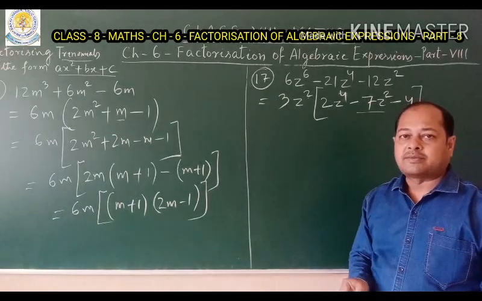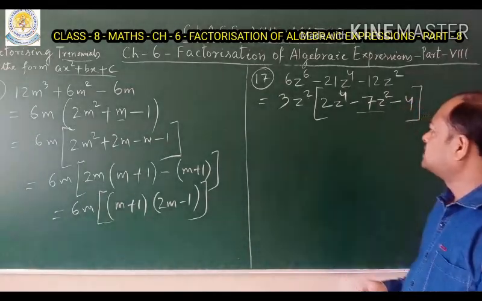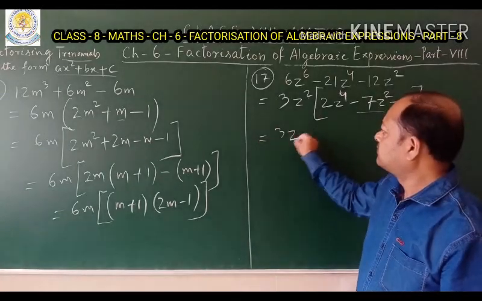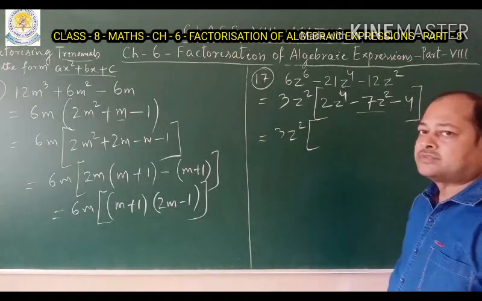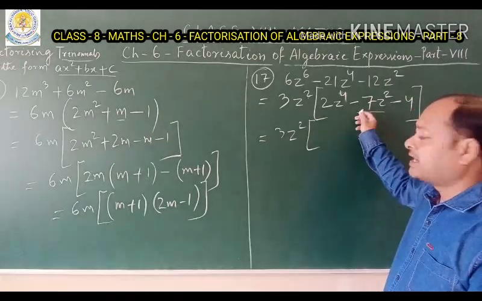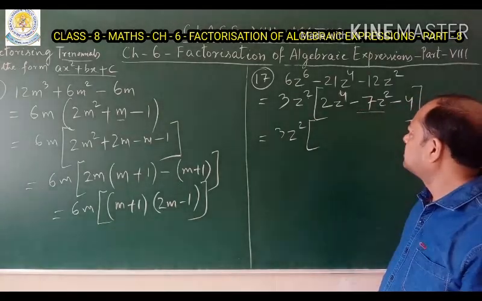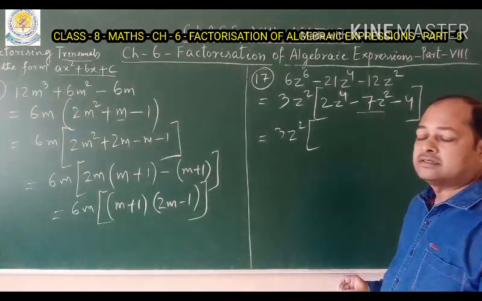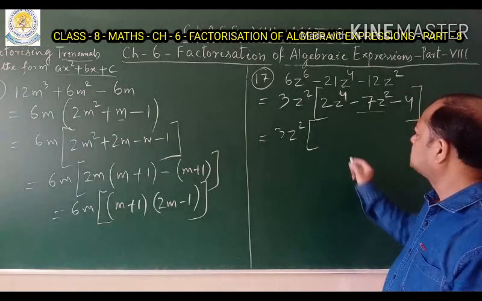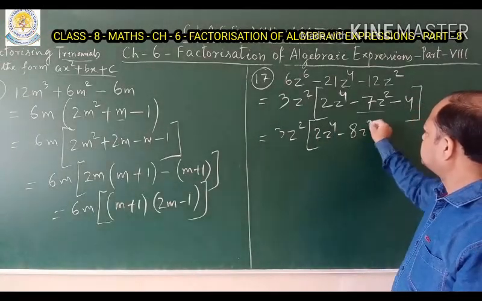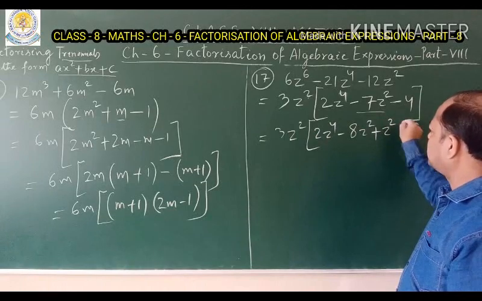So now we have to break this middle term, that is minus 7z square. How to break? Now you have to think of two terms such that if you add, you will get minus 7 and if you multiply you get minus 8. So what are the numbers? That is 2z^4 minus 8z square plus z square.